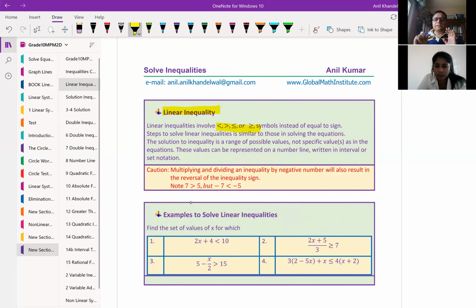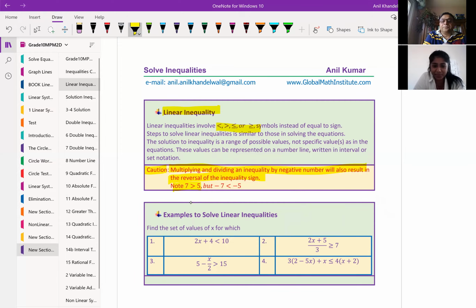And that major difference is written here in the caution. Can you please read what I have written here in red? Yes, multiplying and dividing an inequality by a negative number will also result in the reversal of the inequality sign. Perfect, that's important.